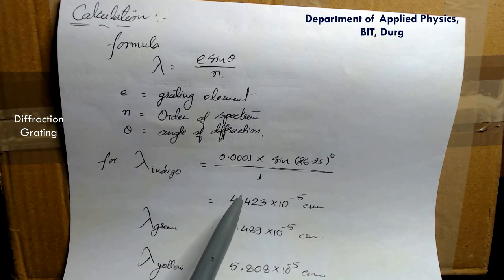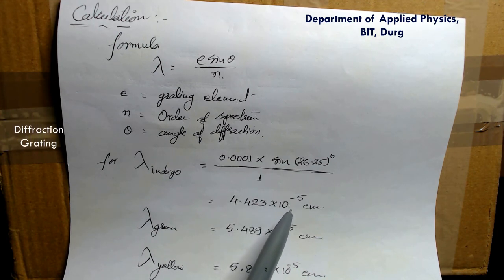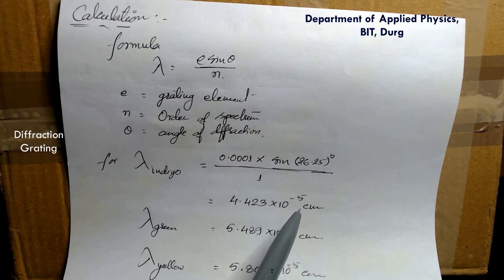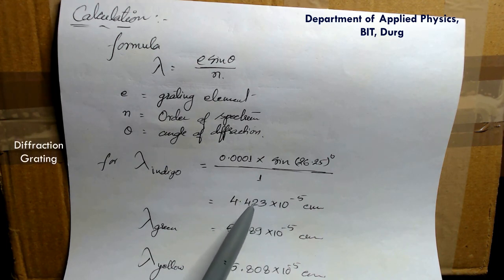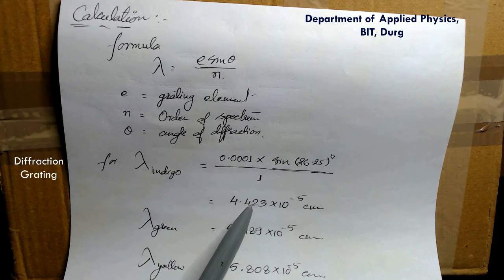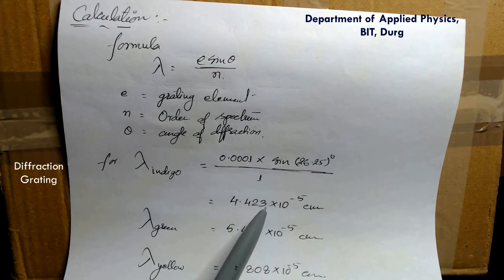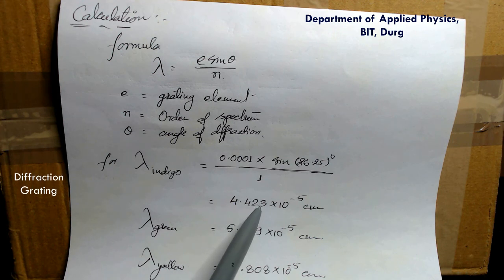When calculated, it comes to be equal to 4.423 into 10 raised to minus 5 centimeter, or I can write it is 4423 into 10 raised to minus 8 centimeter, or 4423 into 10 raised to minus 10 meters, or I can write it is 4423 angstrom.